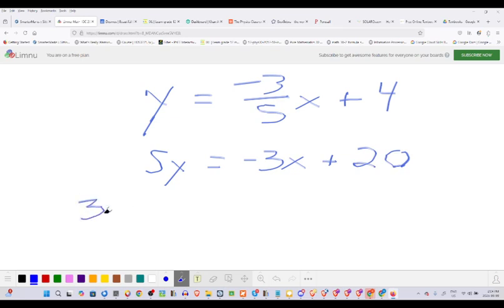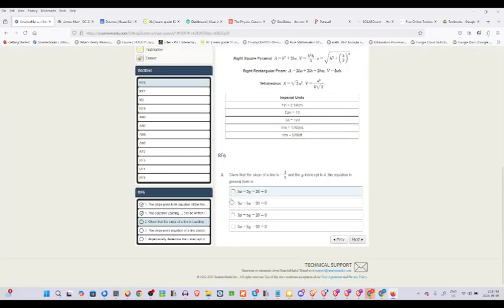If we add 3x to both sides, it'll cancel on the right and it shows up on the same side as the y. And then subtract 20 from both sides. Then we end up with 3x plus 5y minus 20 equals 0, which is C.